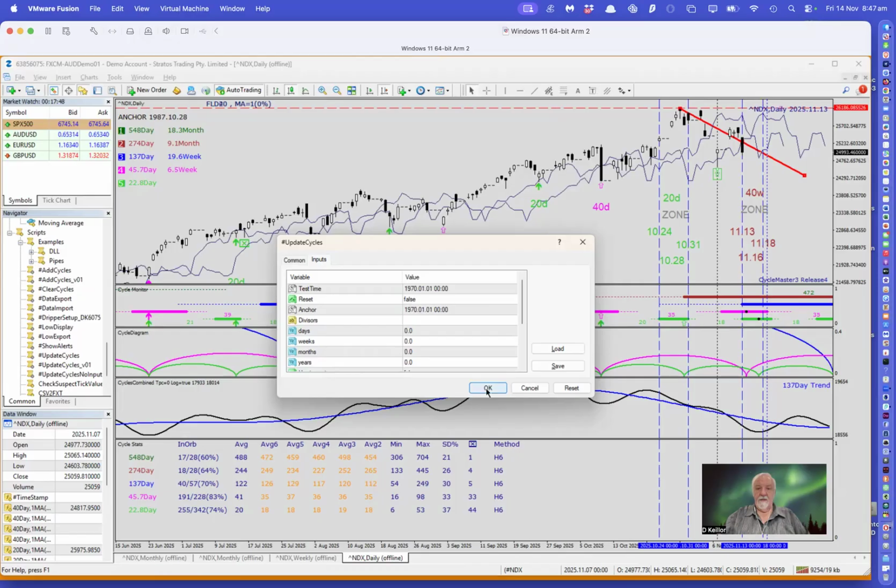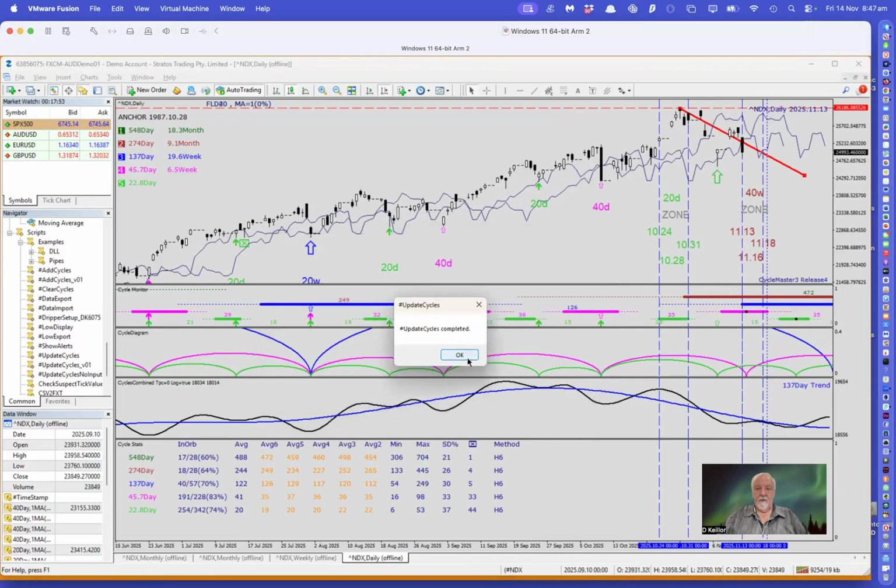And that's one of the reasons why we are very careful about this business of relying too heavily on the forecast zones.